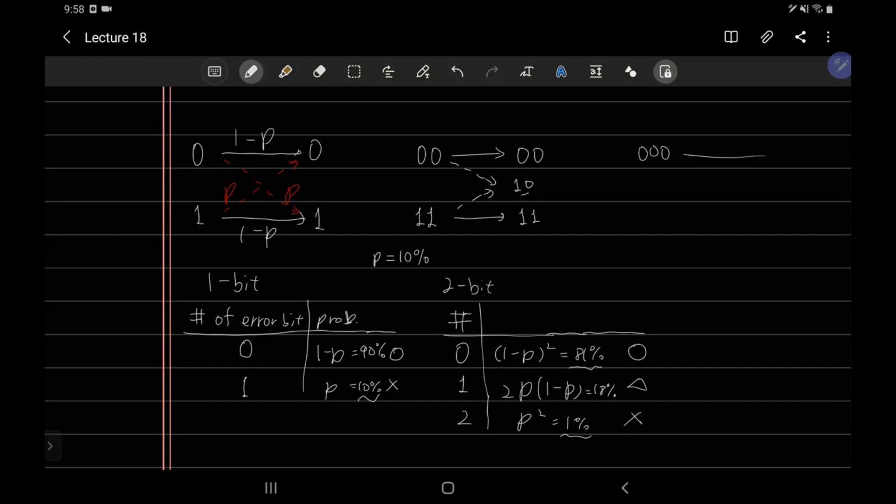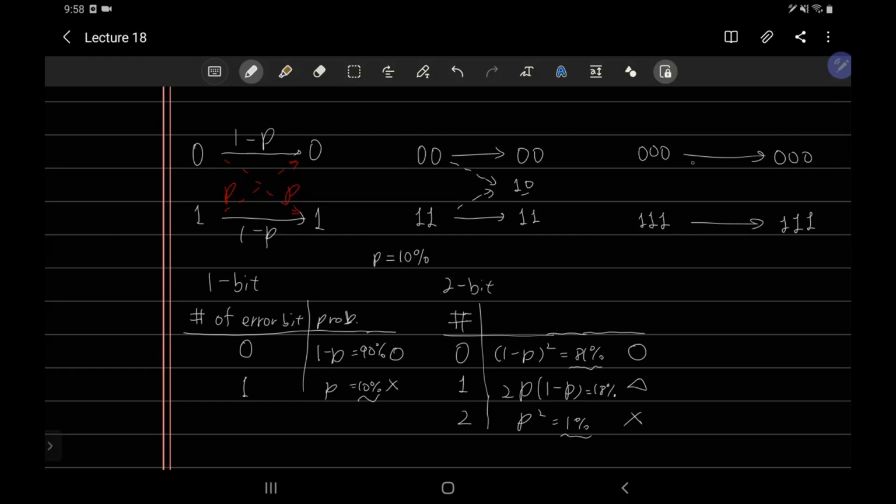So if we transmit 000 and we receive 000 or 111, then we can have a large confidence that we received the correct value.